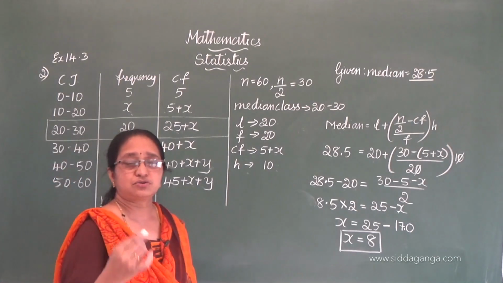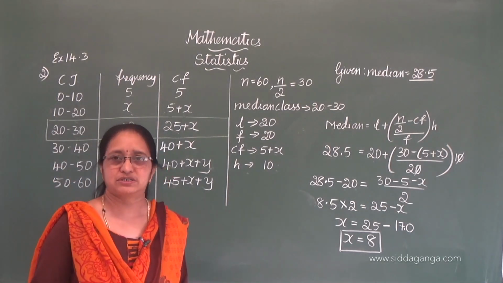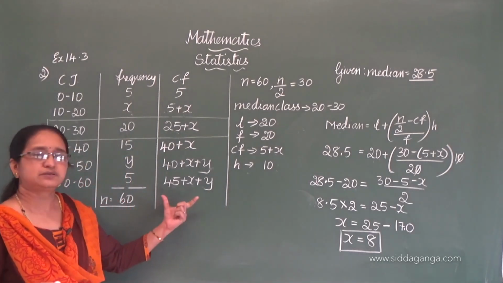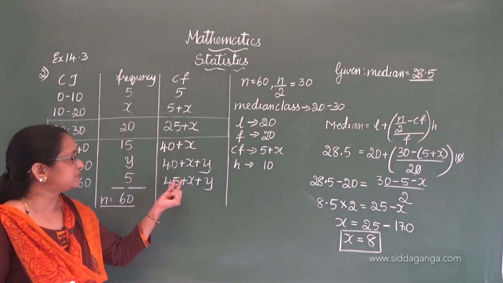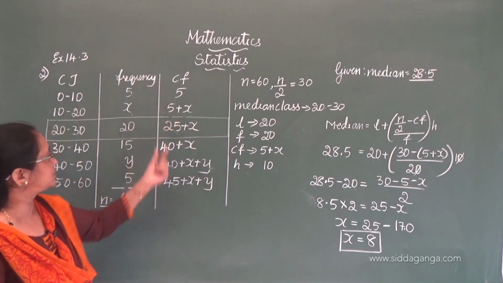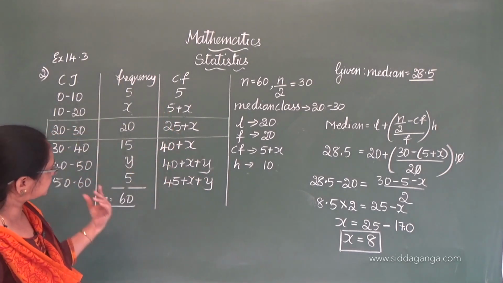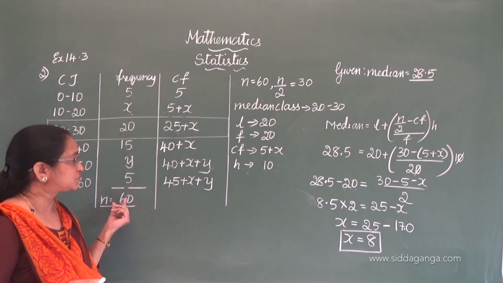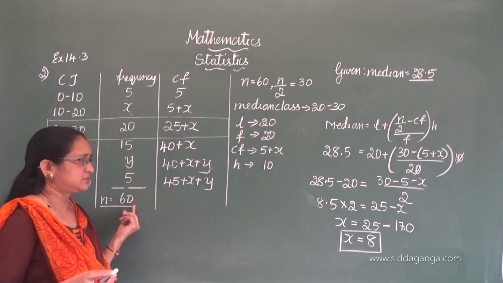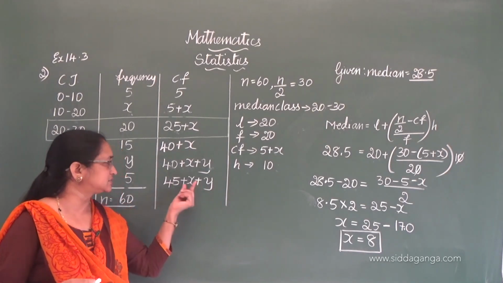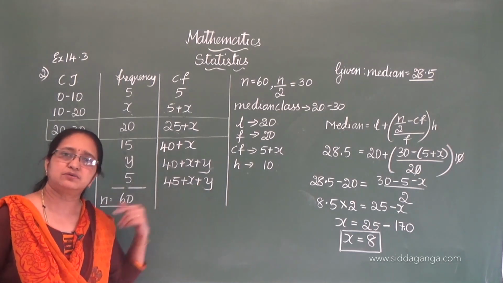I had told you in each and every problem about this, correct? So you can check, I told you. So 45 plus x plus y means the total should be 60. Using this equation and substituting x in this equation, you can find out y.